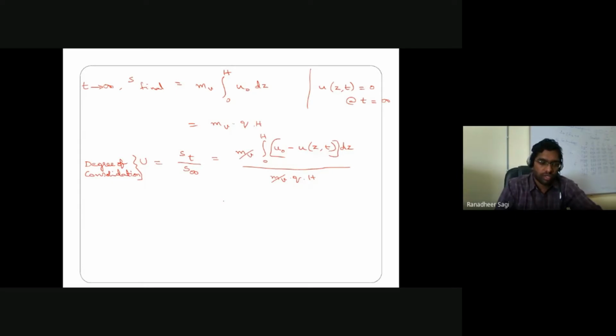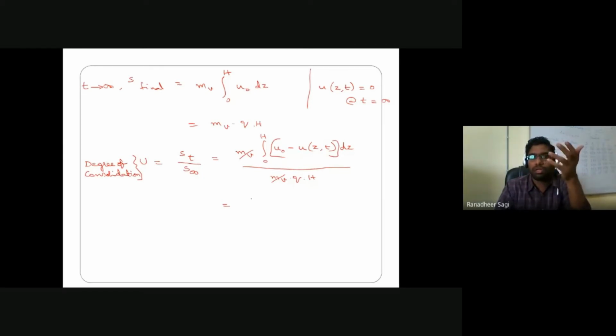Then if I further go on to expand it, from the first term I can take U naught common, because U naught is a constant, so it can come out of the integral function. What we have is U naught integral dz.